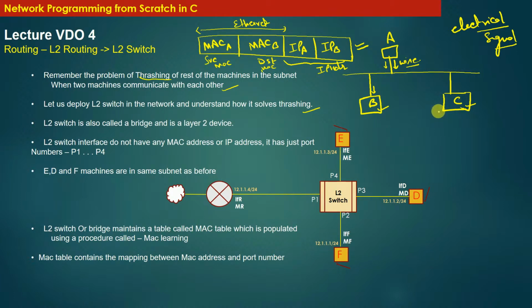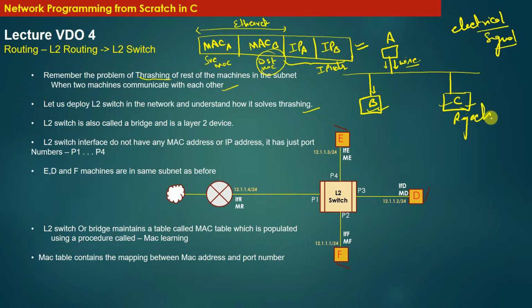Machine B will pick up the packet and the data link layer of machine B will accept it, because the destination MAC address is equal to the MAC address of machine B. Machine C's physical layer picks up the packet and hands it over to the data link layer, but the data link layer rejects the packet.